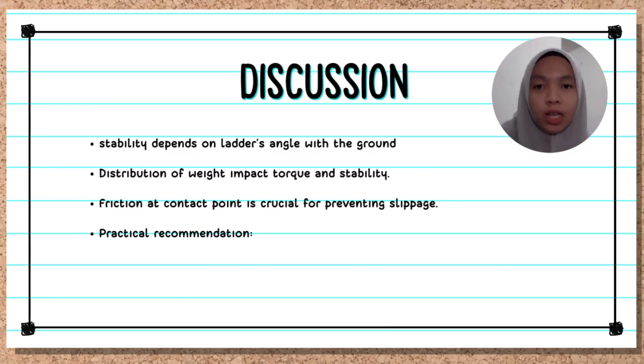The position and weight of a person on a ladder significantly affect its stability by altering the system's center of mass and influencing the torque, normal force, and frictional force at play. A higher position increases torque, raising the risk of toppling, while a lower position reduces torque but can decrease wall friction, causing sliding.